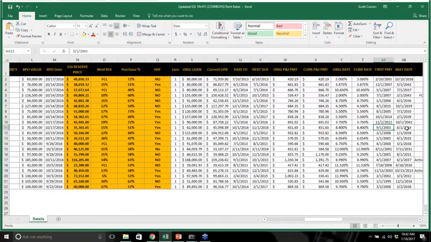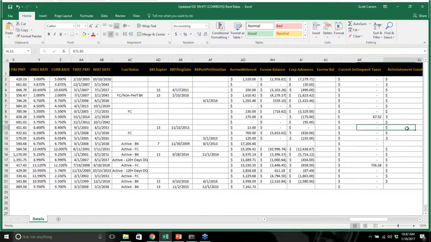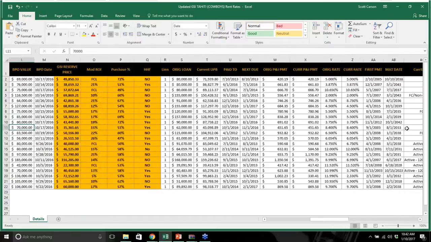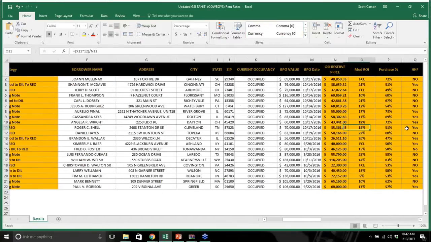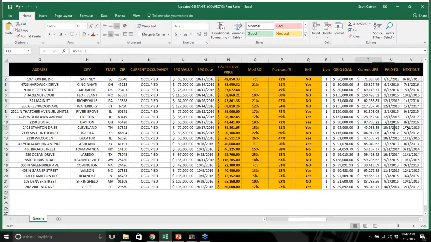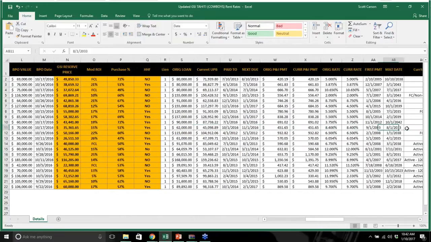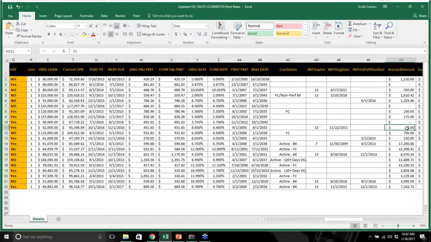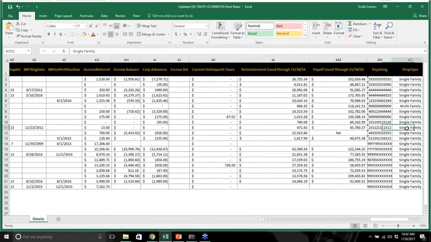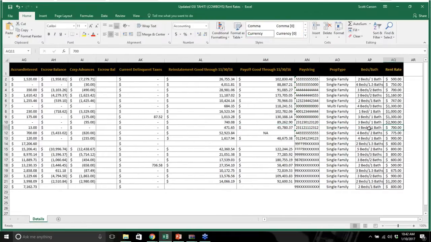Let's see, payoff amount. $45,780, is that right? And they're not that far behind on this one. Yeah, see, payoff is $45,780. So they've been hit and miss on this one, okay?